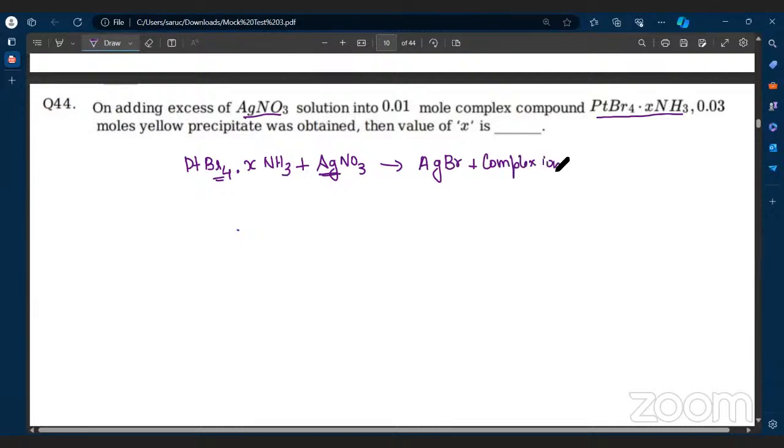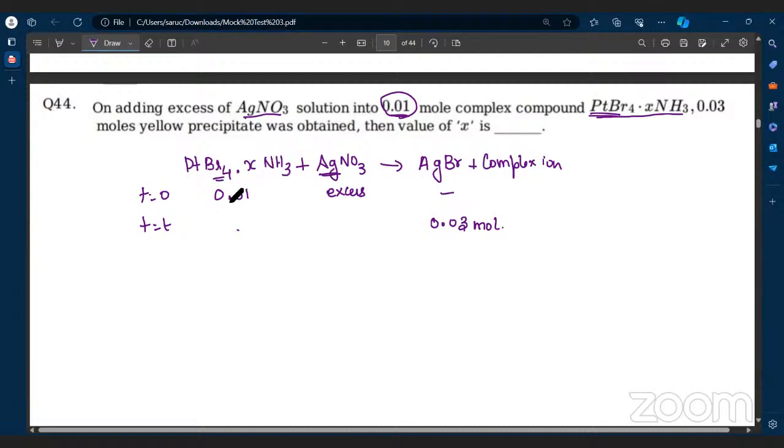Now, 0.03 moles of yellow precipitate was obtained. Initially you are adding excess of AgNO3 solution into 0.01 mole of the complex compound. At time t equal to 0 you have 0.01 moles, and at time t you're getting 0.03 moles of AgBr.